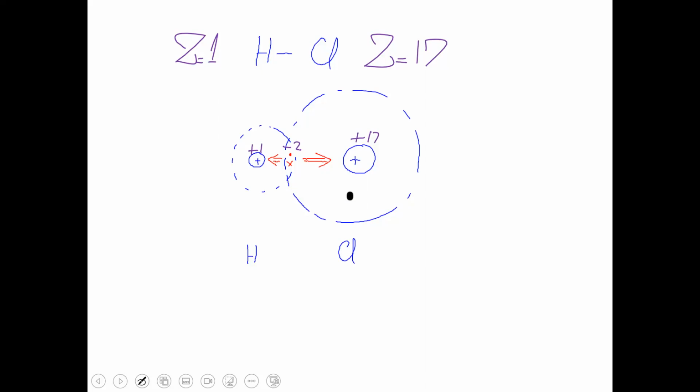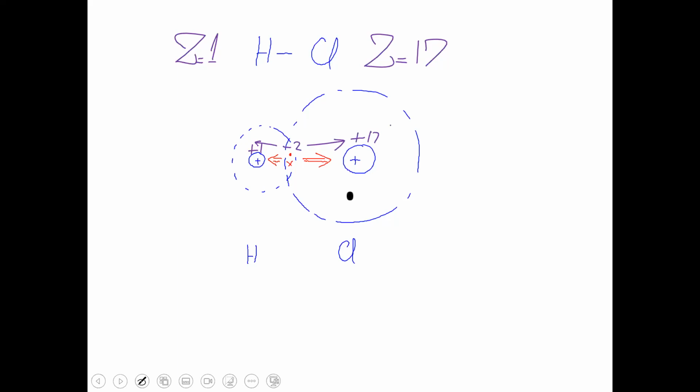No, just use physics. +17 is attracting -2 and +1 is attracting -2. Who will attract the central electron pair more strongly? I'm asking a very simple physics question. So the larger one, +17.